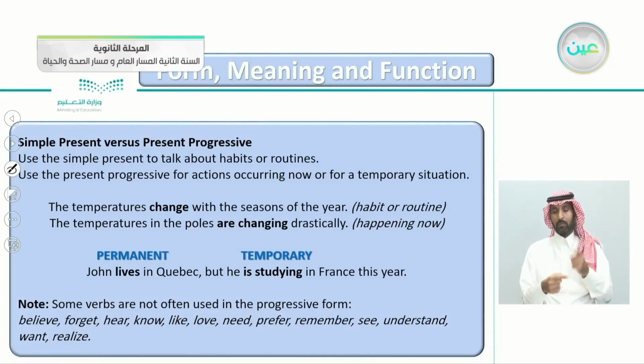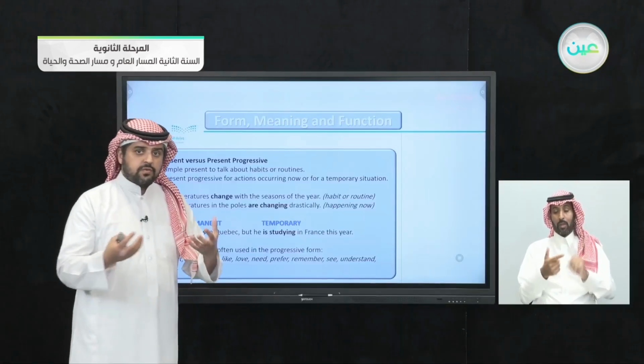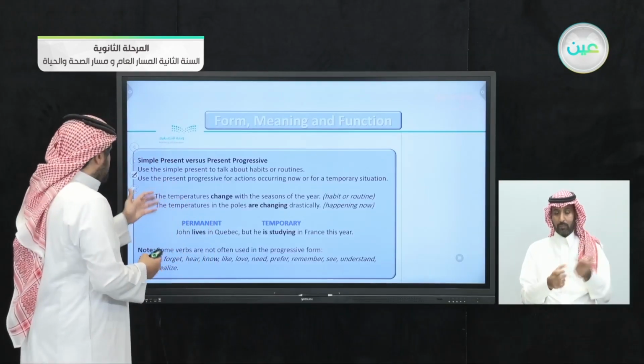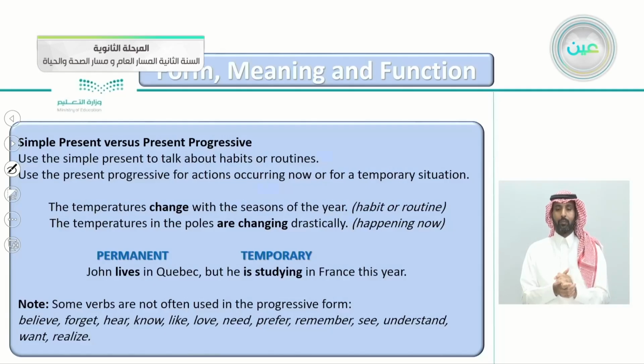The simple present versus the present progressive. So we have the present simple and the present progressive. We'll be learning about them. We use the simple present to talk about habits or routines.